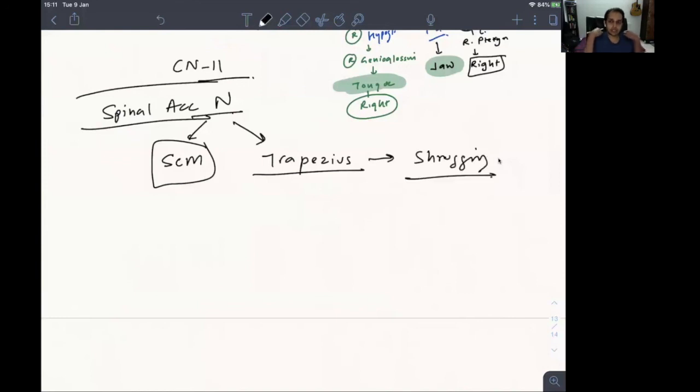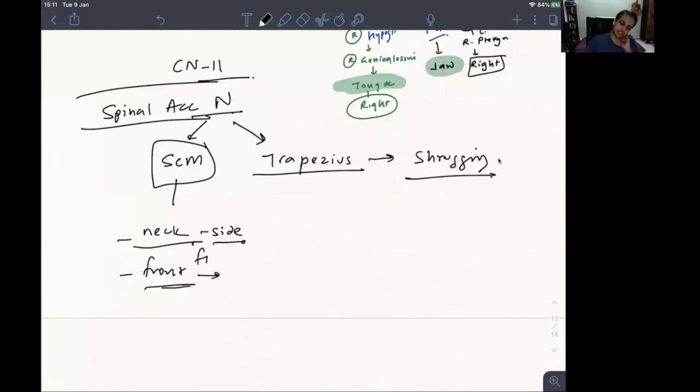You ask the patient to shrug the shoulder, you lift up the shoulder, and then you try to push it down. If there is trapezius weakness, then you will be able to push it down. And for sternocleidomastoid, you ask the patient to turn the neck side to side and front. Not back, sorry, just the front. You ask the patient to basically flex the neck.